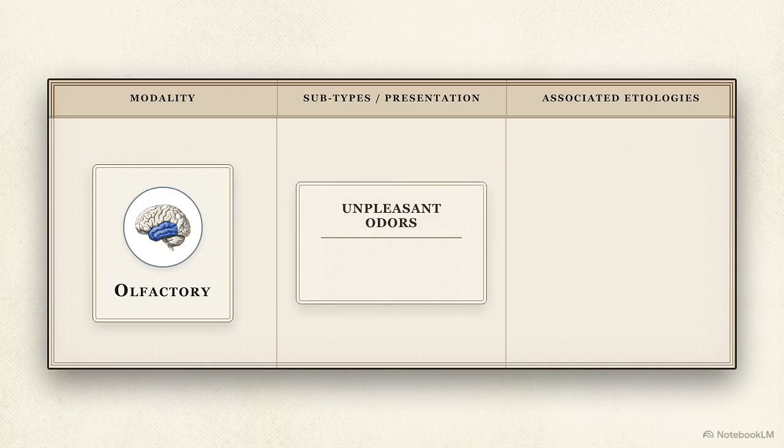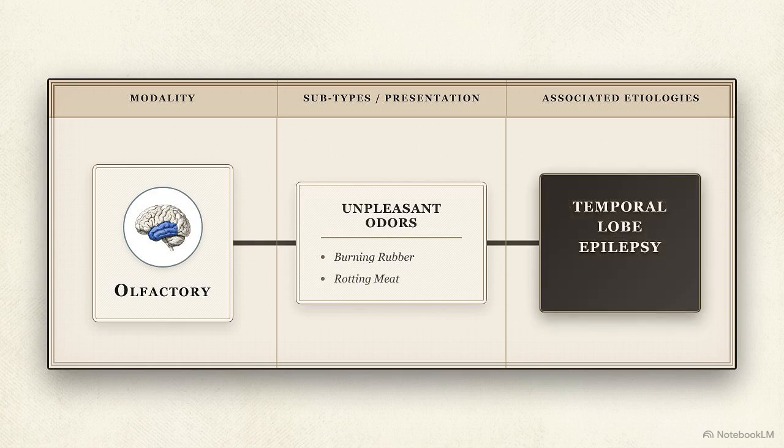Expanding the matrix to the olfactory modality, typically the perception of intense, unpleasant odors, like burning rubber or rotting meat, reveals a very strict correlation. These olfactory misfires are highly predictive of temporal lobe epilepsy, frequently serving as the specific aura that immediately precedes a focal seizure.